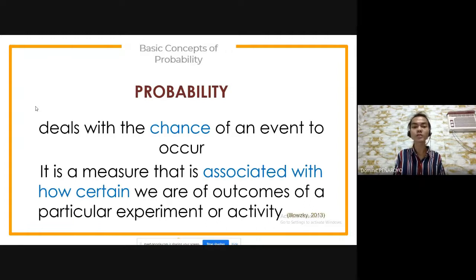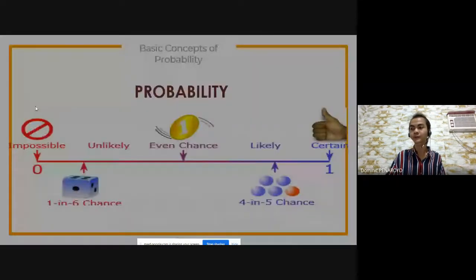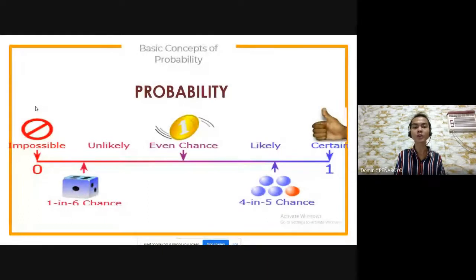Also, it's a measure that is associated with how certain we are of the outcomes of a particular experiment or activity. So we have here an illustration of how probability works: impossible, unlikely, even chance, likely, certain.